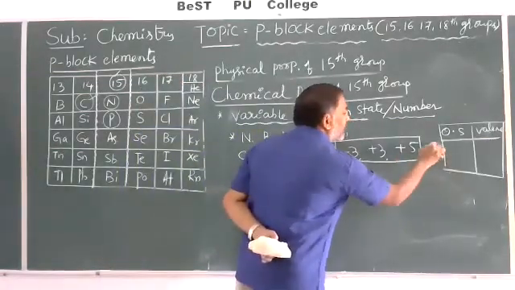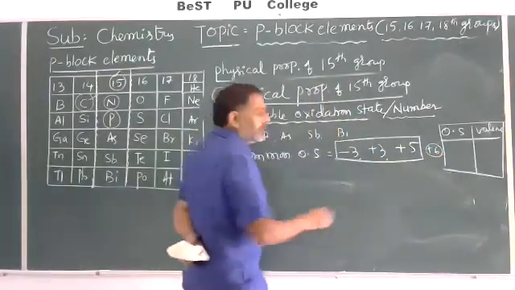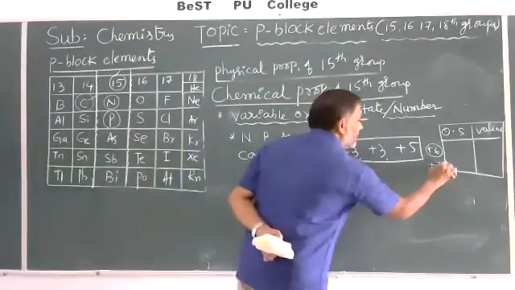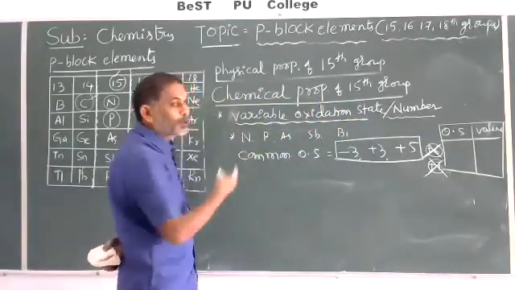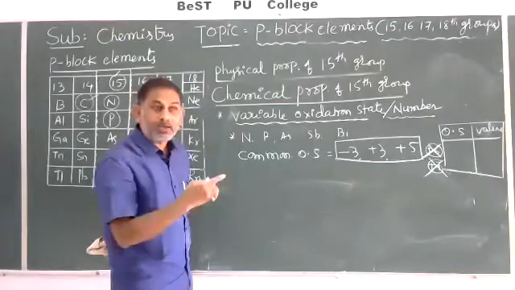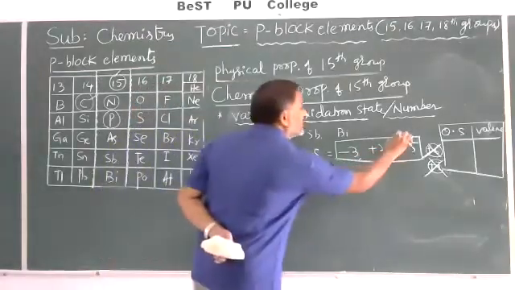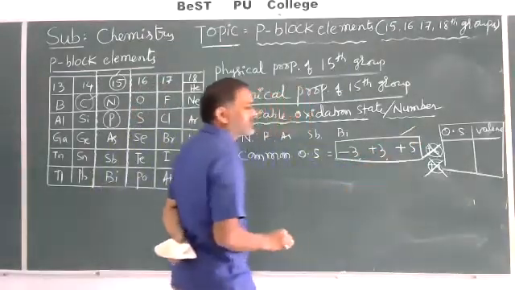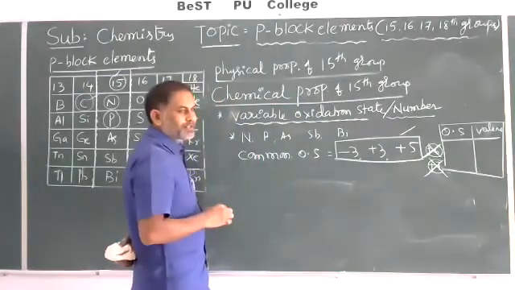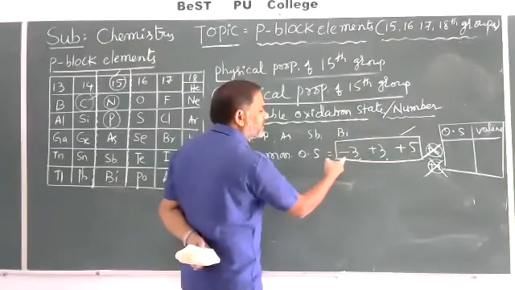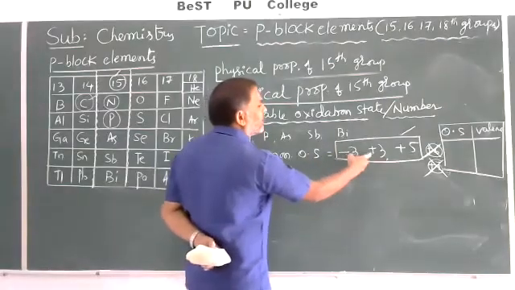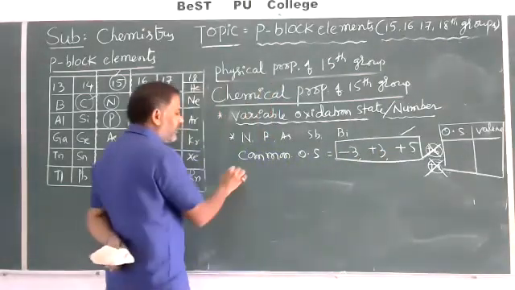Why not +7? The +6 and +7 are not possible, because in 15th group elements the maximum number of valence electrons is only 5. That's why the maximum oxidation state is +5. So common for all these elements are the -3, +3 and +5 oxidation states.